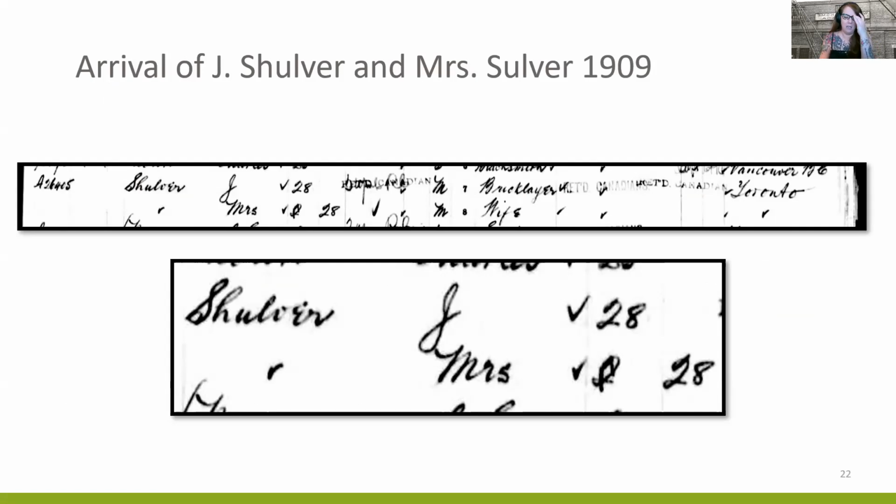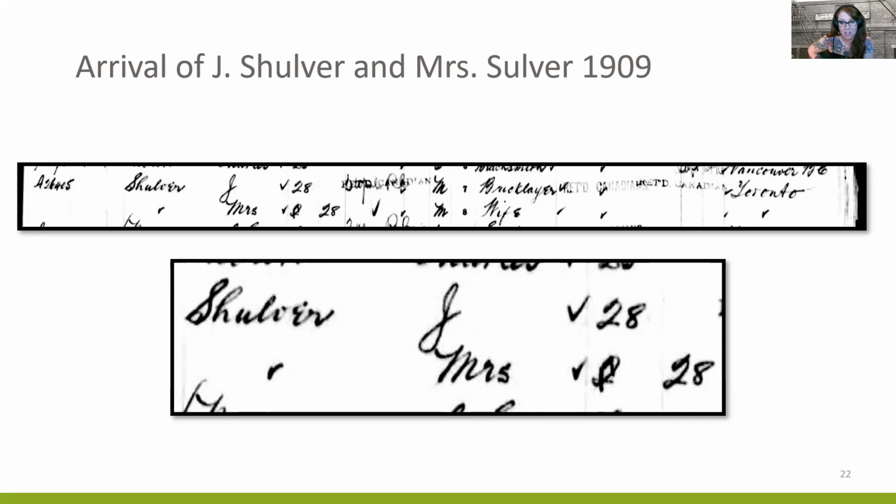And this document's also kind of interesting. If you look at the top version, you can see that it's stamped returning Canadian. So Mr. Shulver had been in Canada. It looks like it says possibly a 5. Unfortunately, this happens, the immigration agents would stamp over the information or write over the information.